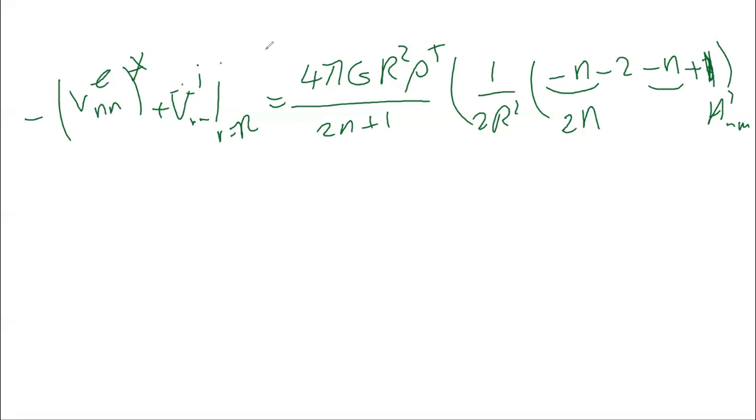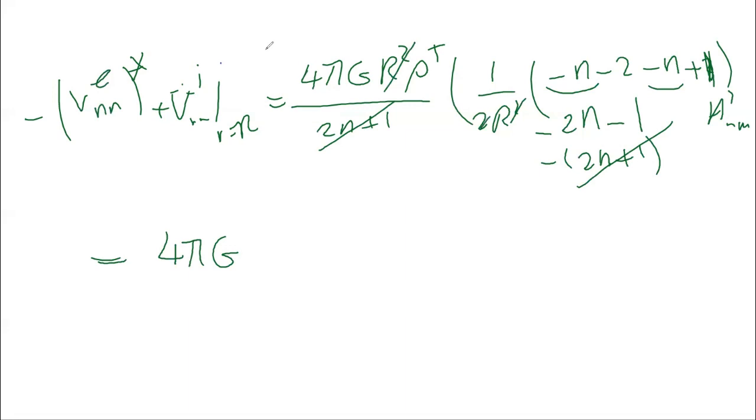Then it will be minus n minus 1, which can be written. This can be simplified by that. Therefore, it will be 4 pi G. We have R squared here. This R squared is simplified by this 2 into 2 by 2. Therefore, I can write 2 pi.